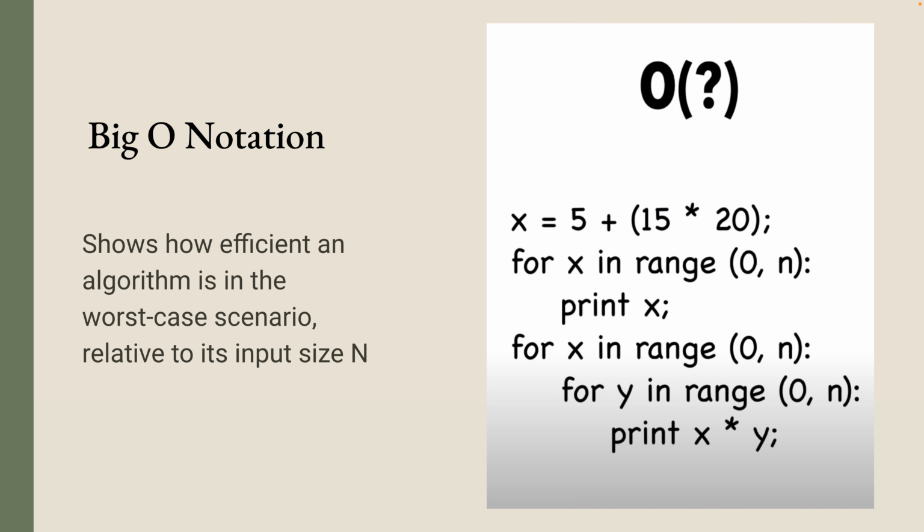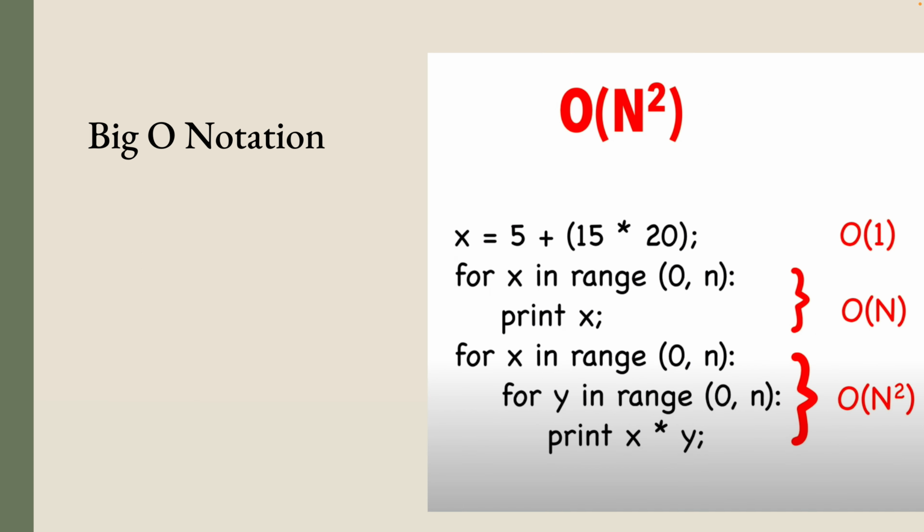So we say this O of n dominates constant time. And you could do the same analysis with O of n squared. 1,000,000 times 1,000,000 is way, way bigger than just 1,000,000. So we would just say the overall runtime is O of n squared, and we drop the O of n and O of 1 because they're insignificant in this particular problem.